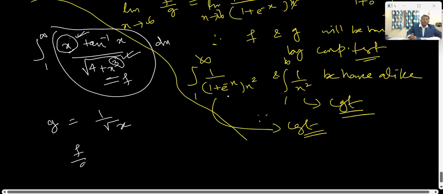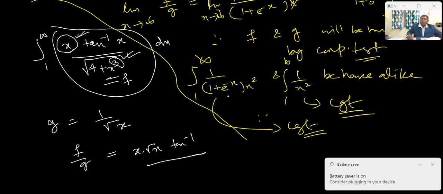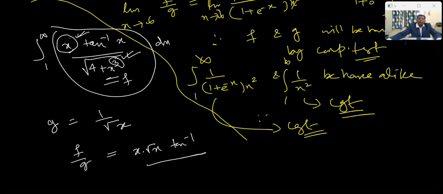So f by g, if I take, then what will happen? It is x into root x, is it not, times tan inverse x, divided by the denominator.